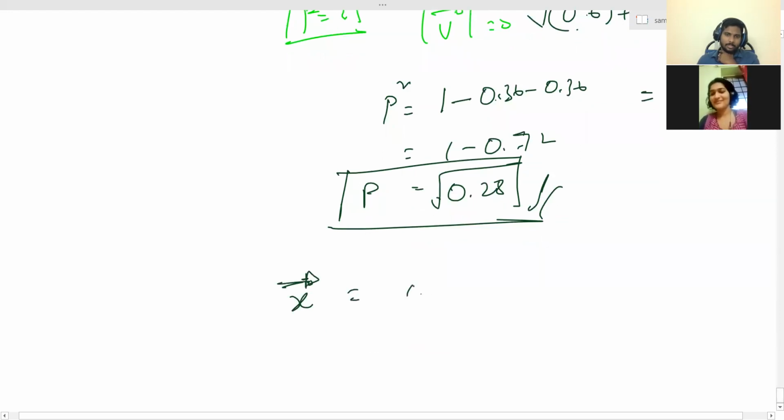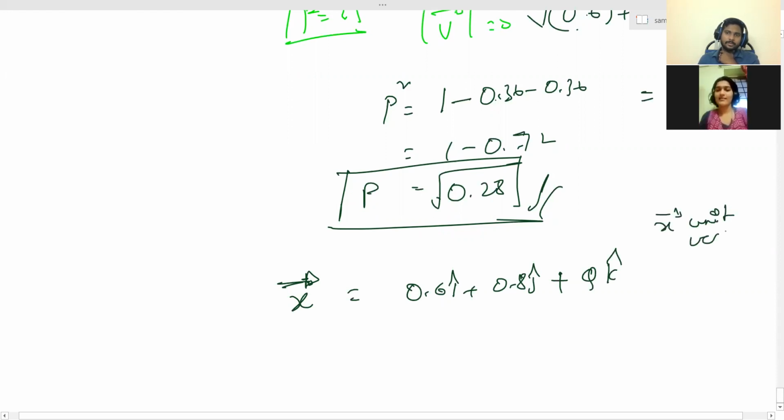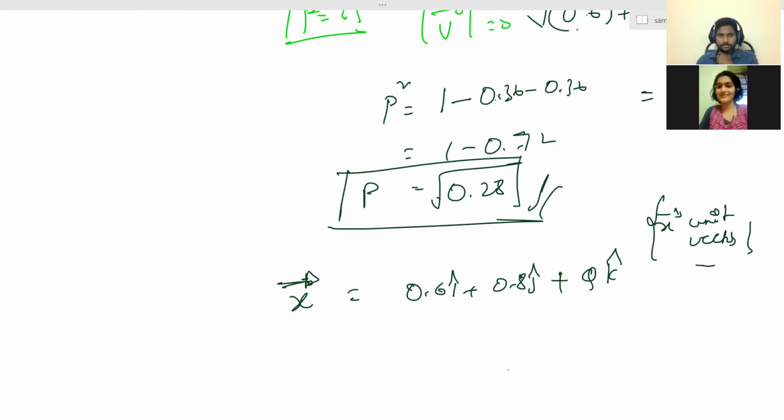X vector is equal to 0.6 i cap plus 0.8 j cap plus q k cap. Find q if X vector is a unit vector. Same only, sir. Do it.